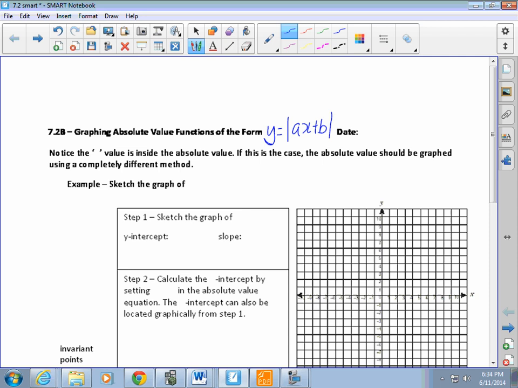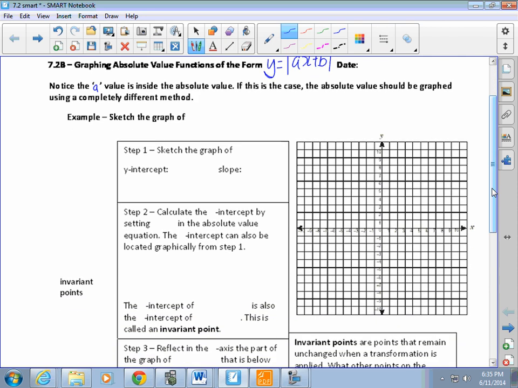So what happens when you have that a value inside the absolute value? It says, notice the a value is inside the absolute value. If this is the case, the absolute value should be graphed using a different method than what we did in the last section. So, example: sketch the graph of y is equal to the absolute value of 3x plus 1.